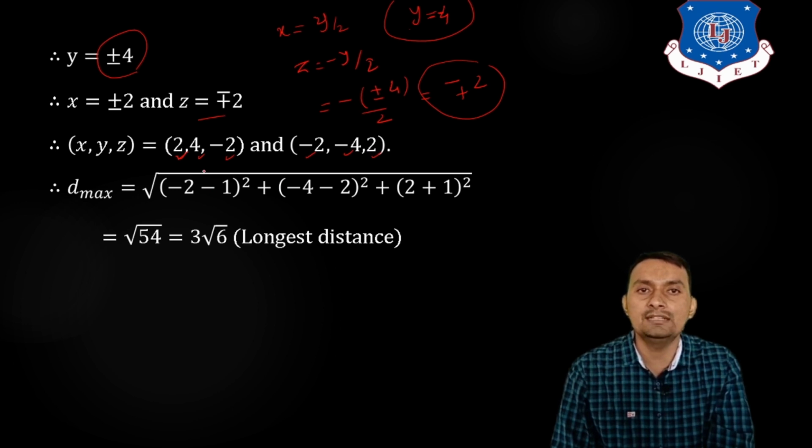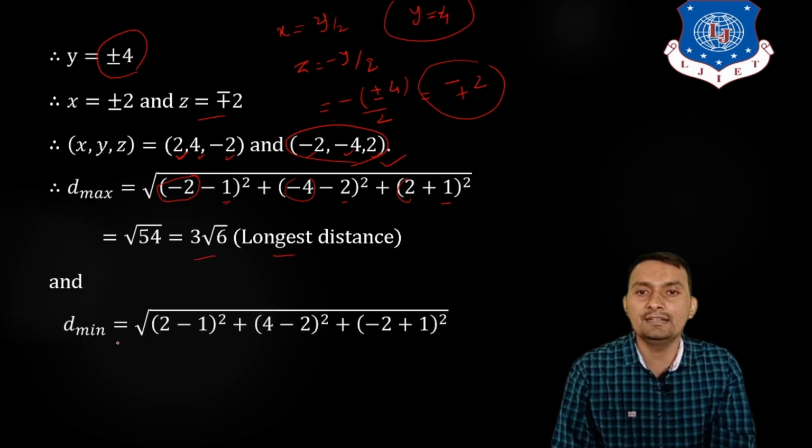But we need to determine the distance. So this is (x, y, z), and this is the given point. So we need to substitute the point (-2, -4, 2). First we concentrated on this one and determined that it is 3 under root 6, and after that we determined the other, and this is under root 6.